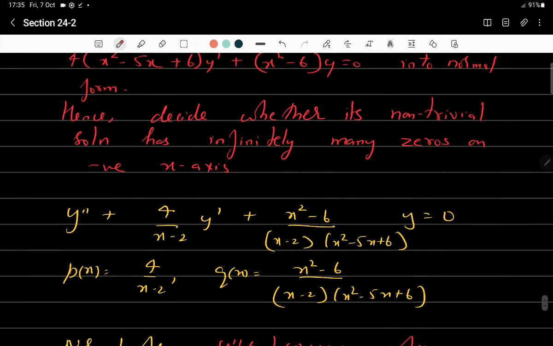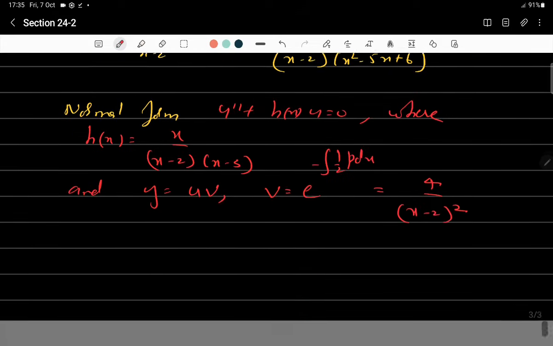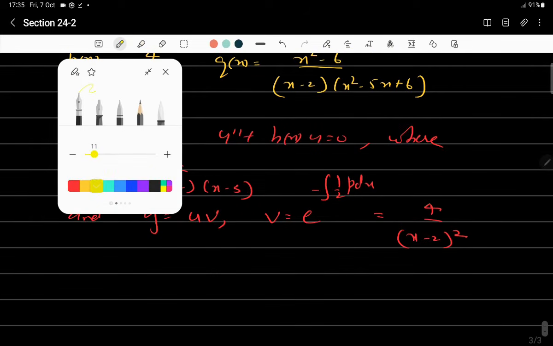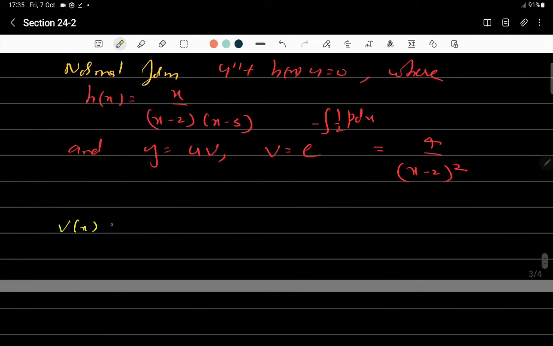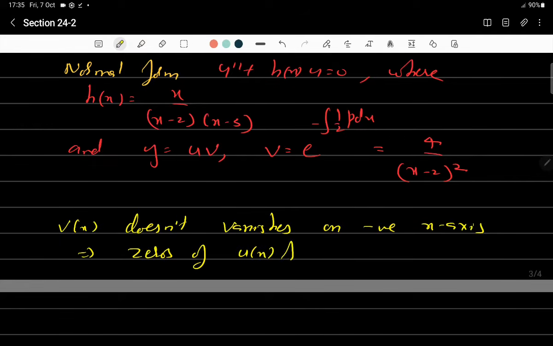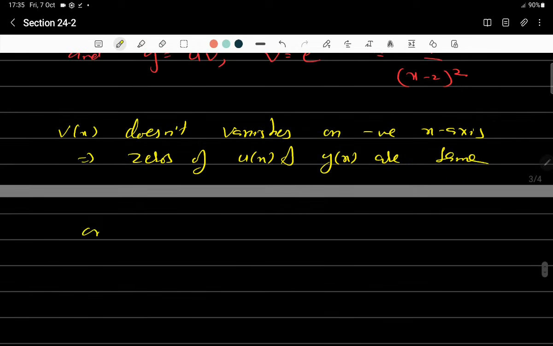Now the question is asking whether its non-trivial solution has infinitely many zeros on the negative x-axis. So on the negative x-axis, v of x does not vanish. It means zeros of u of x and y of x are same on the negative x-axis.